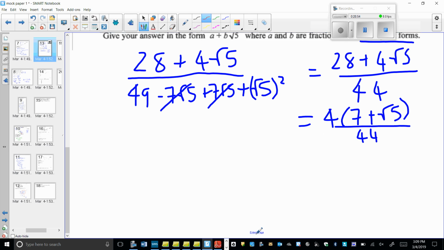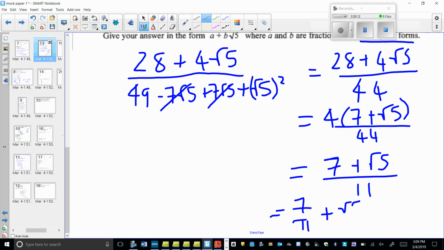And then I've got 4 over 44, so that simplifies to be 1 over 11. So it's 7 plus root 5 over 11. They want it separated, so that would be 7 over 11 plus root 5 over 11.